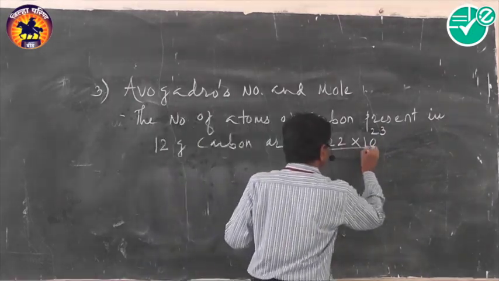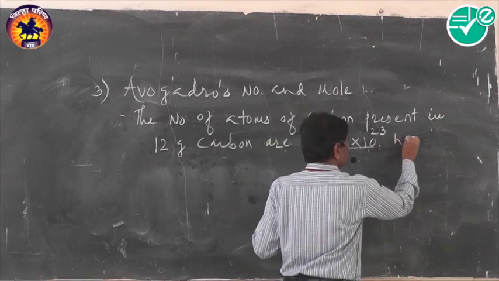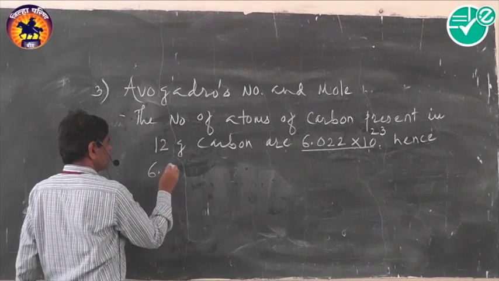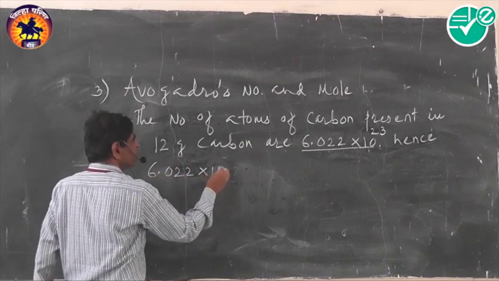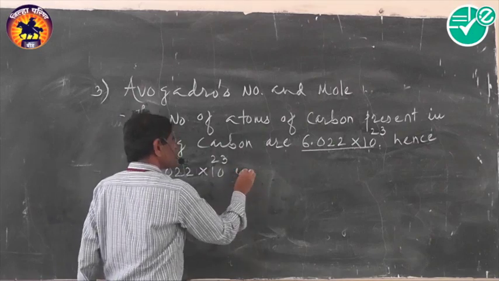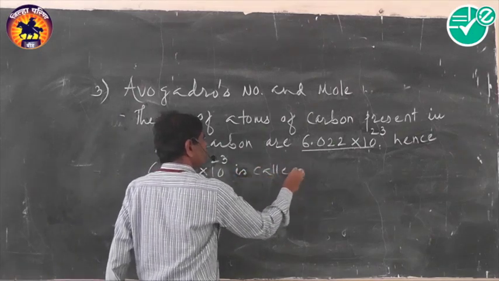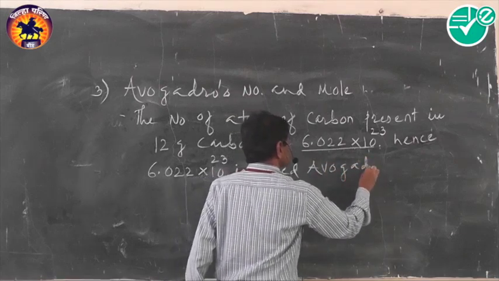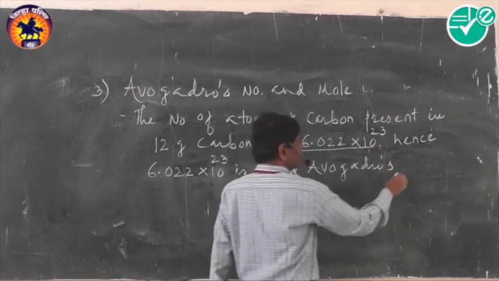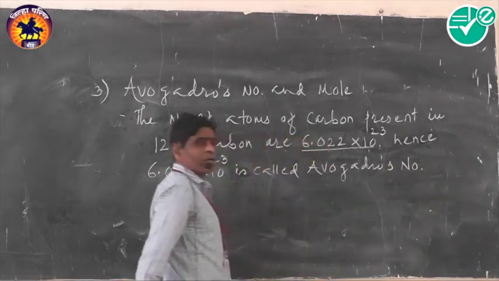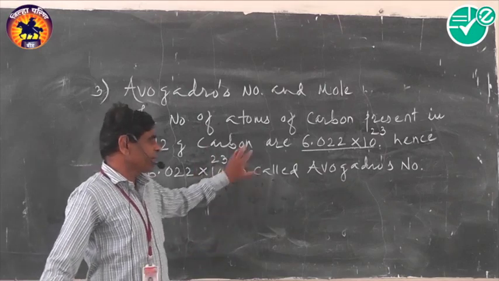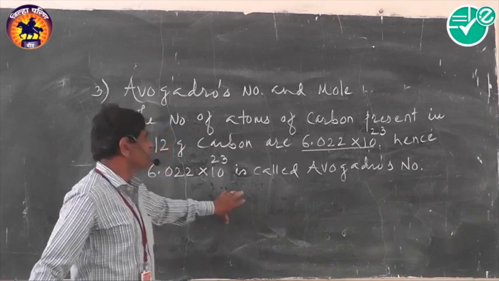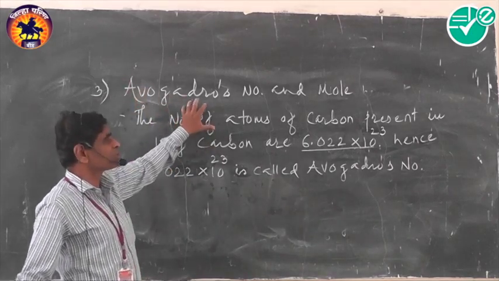Hence this number, 6.022 into 10 raised to 23, is called Avogadro's number. And so remember, any quantity which consists of Avogadro's number of particles is 1 mole. So the relationship between Avogadro's number and mole.